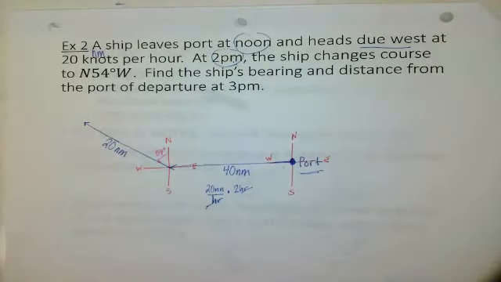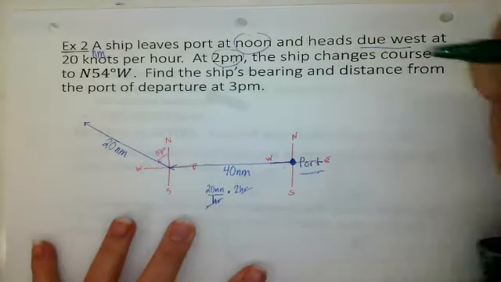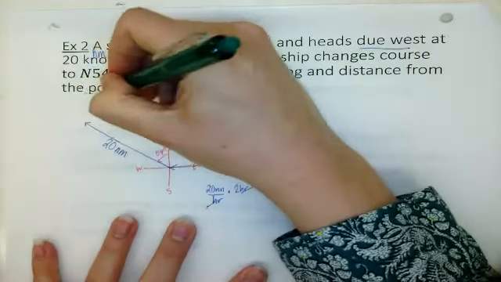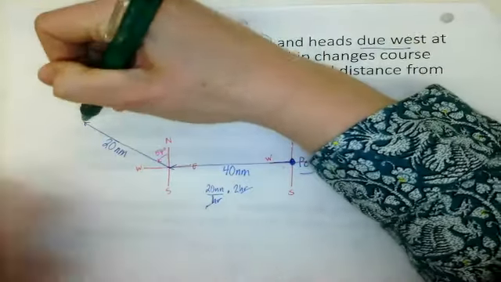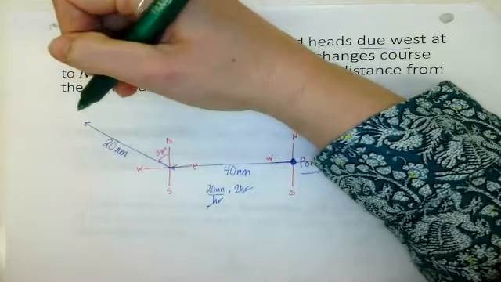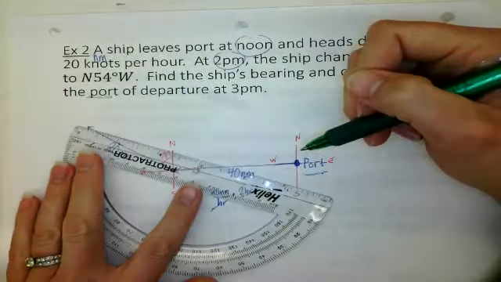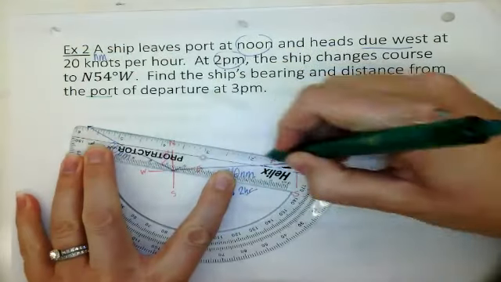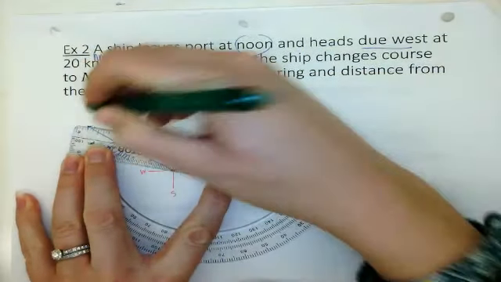All right, and so what do we have to figure out? We want to know the ship's bearing and distance from the port of departure. So I need to find out how far away that ship is from the port of departure. So that's a straight distance. I need to find this distance.